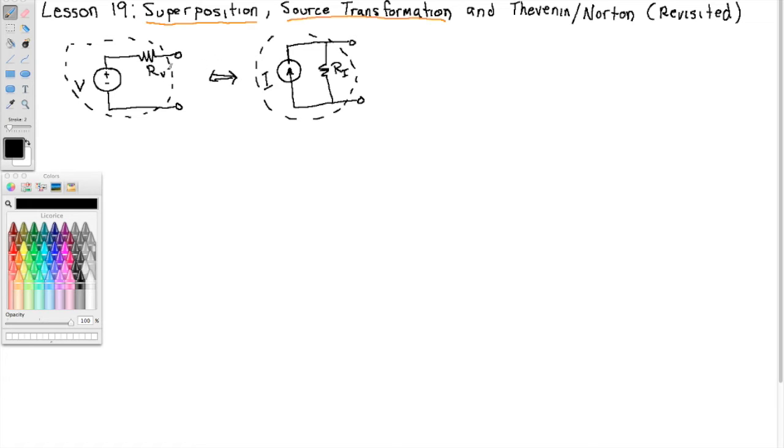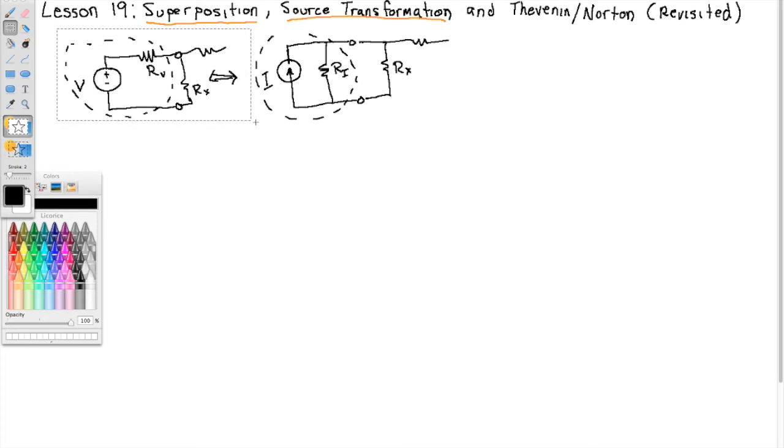The reason you would want to do such a thing is that after the transformation you might have something over here like this, maybe this is Rx. Over here you would not be able to combine Rx, because Rx is not in series with RV, and it's not in parallel with RV. But once you transform it, Rx is in parallel with RI, so that allows you to combine things and start simplifying the circuit. That's why we did that.